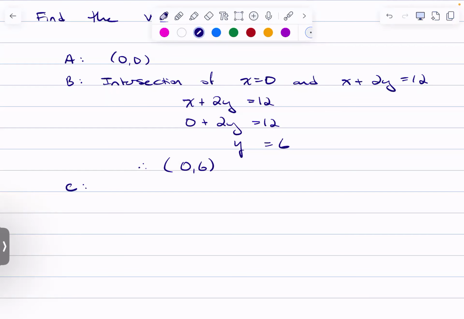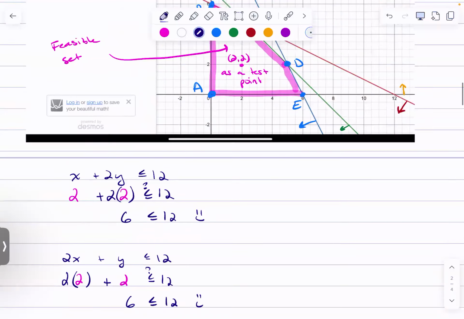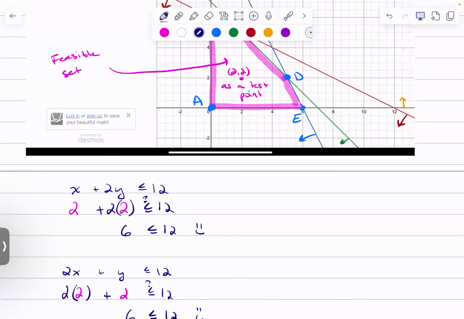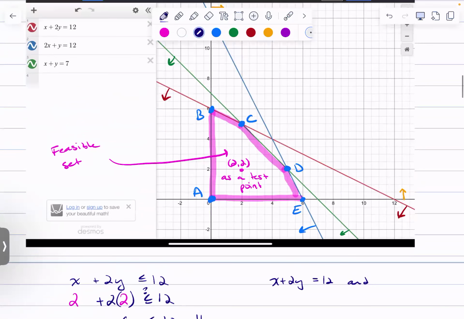How about C? C is the intersection of the red line and the green line. And so the red line is x plus 2y is equal to 12. And maybe I'll just write it here and then move it down. And the green line is x plus y is equal to 7.